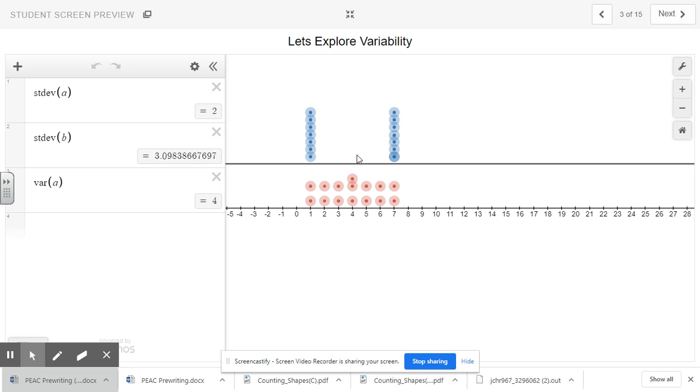So A is clearly more variable. I said that backwards. The blue ones are clearly more variable than the red ones. In this case, the red or the blue was B. Okay. So as you move things and you make them less variable, now I have a chance of getting the mean.